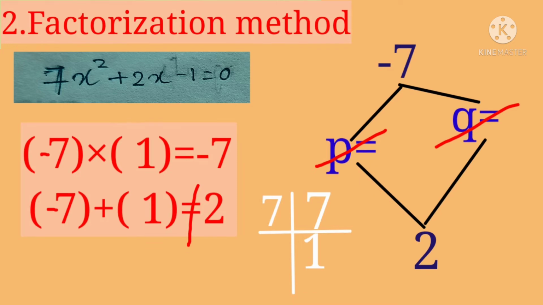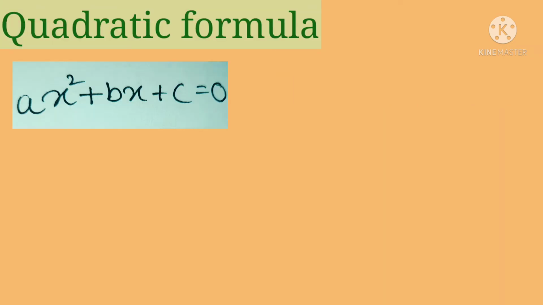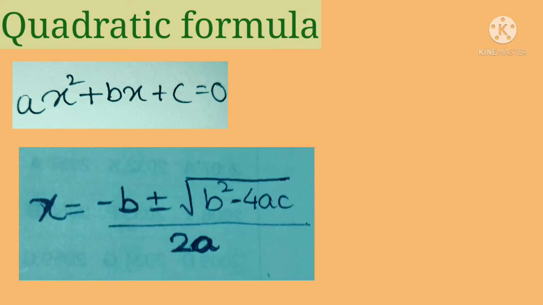If we can't solve any quadratic equation or can't find its factors, then we use the quadratic formula. It's the most important thing that we need to know. Let's take the general equation ax squared plus bx plus c is equal to 0, in which a should not be equal to 0. As previously discussed, the formula is x is equal to minus b.